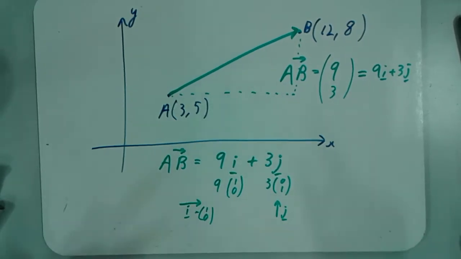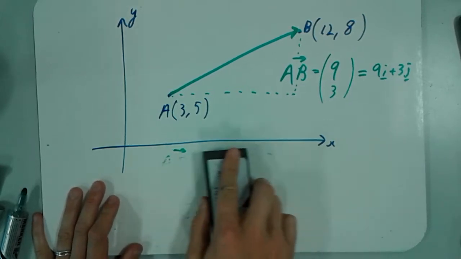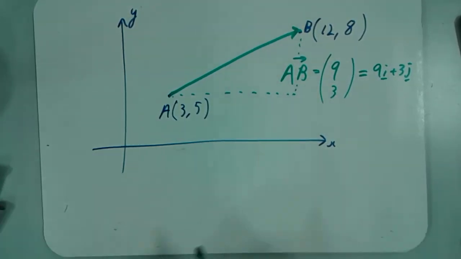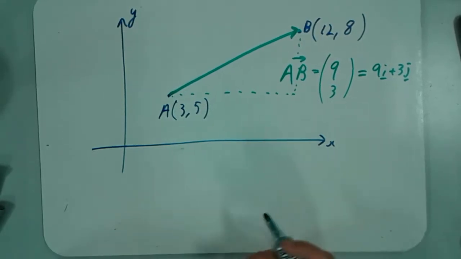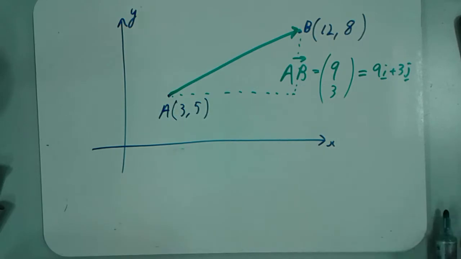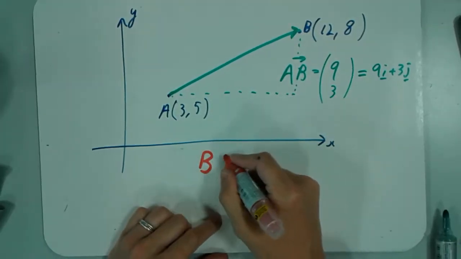Okay, one thing we need to be careful of with vectors is that they do have a direction. When we do mechanics, you'll see that some of our quantities are vector quantities, others are scalar. So we have the vector AB. We could also have the vector BA.